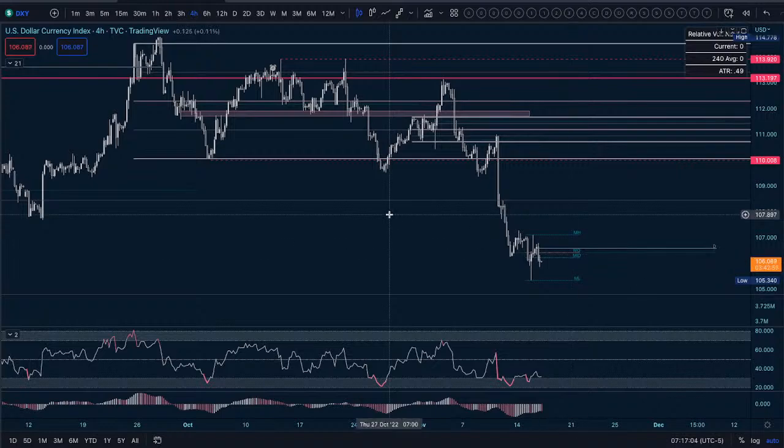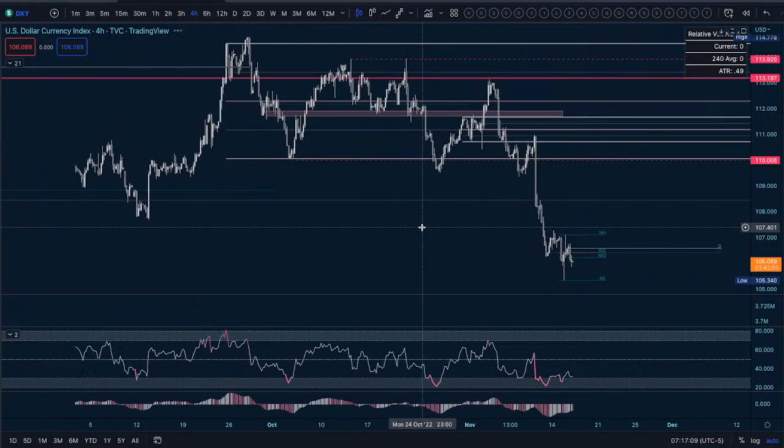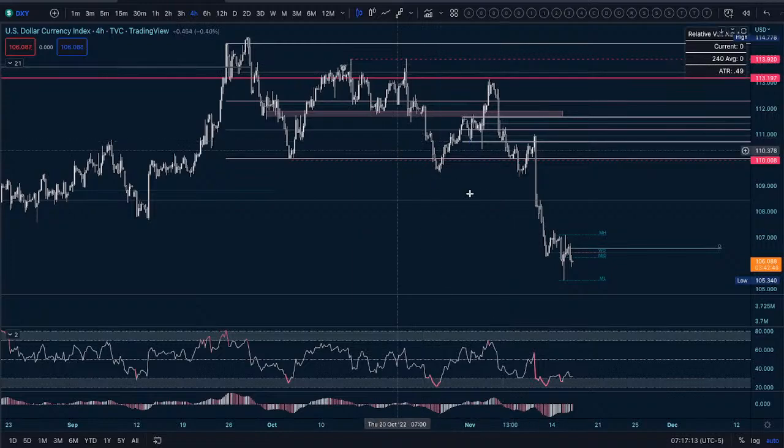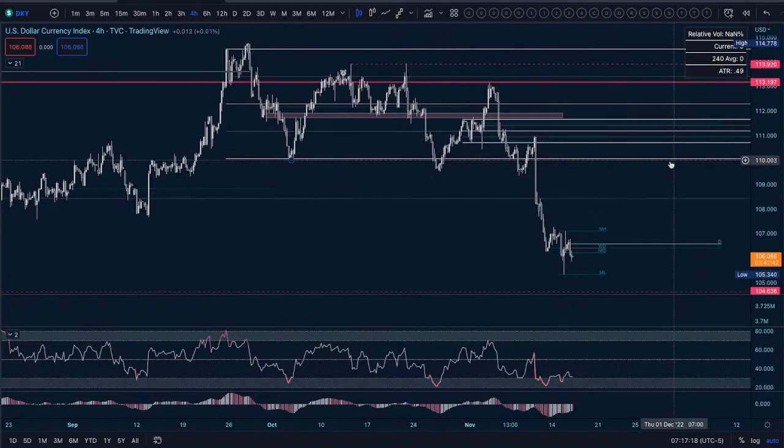Okay, I'll start with dollar because that's our main go-to guy to understand the markets. So as I said, careful with your longs.